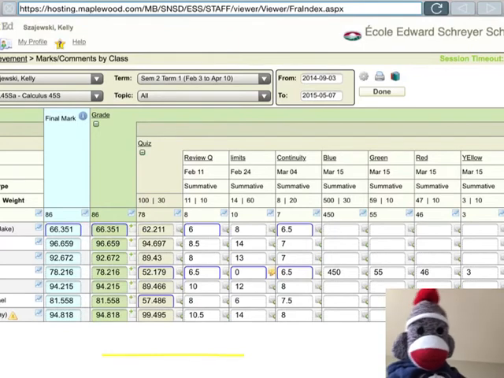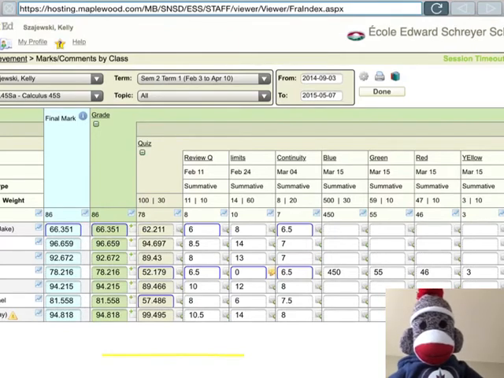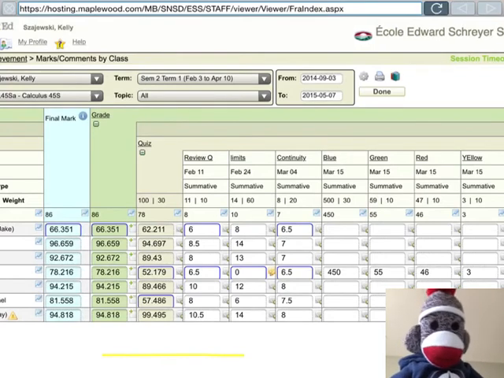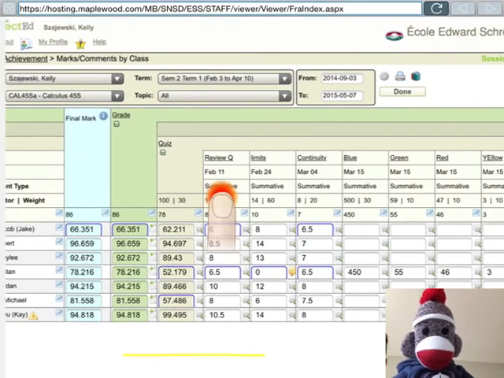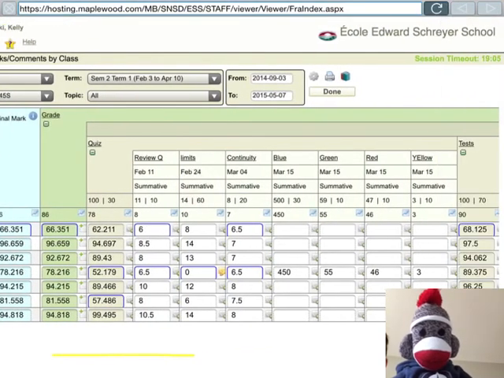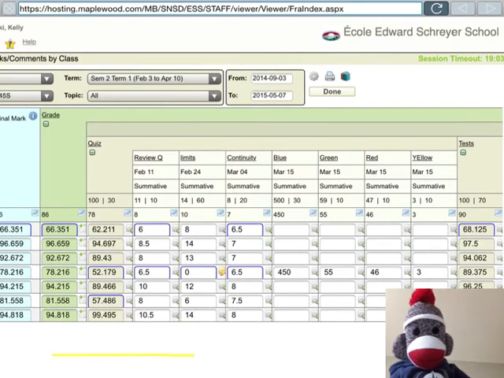The easiest way to figure out whether you are properly weighting your stuff according to what your course outline says is to look at what you actually have for your weights. It doesn't matter in Maplewood what your denominators are right here.